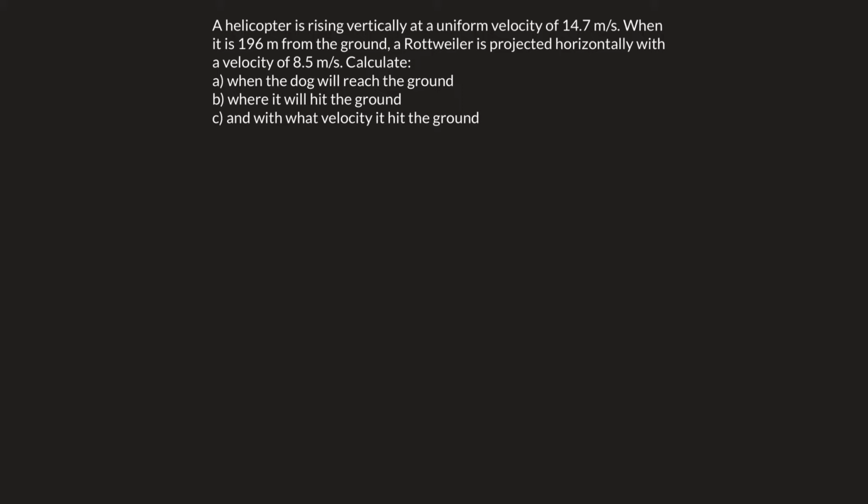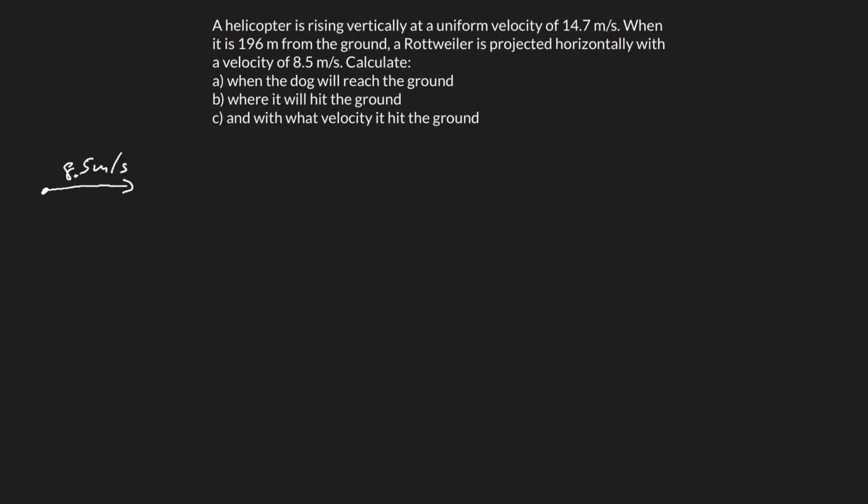Lastly, we're looking for the velocity at which the dog is going to impact the ground with. So we should draw the picture here just to give us a little bit more information. But before we do that, we need to know what the values are that we're going to be using. So of course, if our dog is leaving the helicopter, it's going to have a horizontal component, which we know that's 8.5 meters per second.